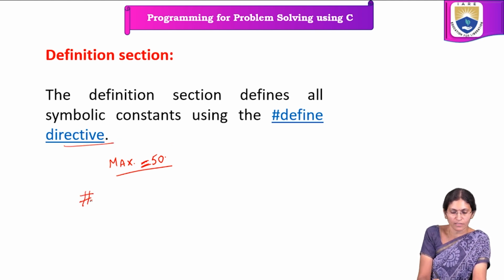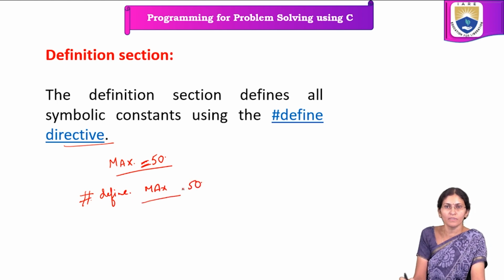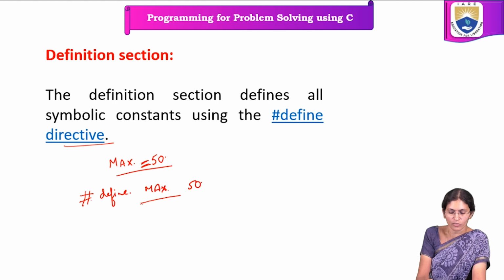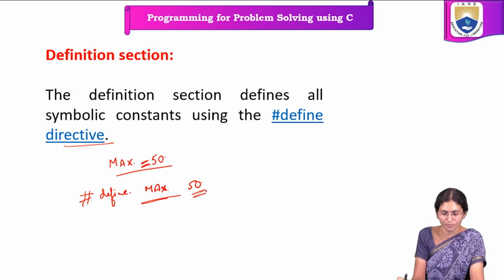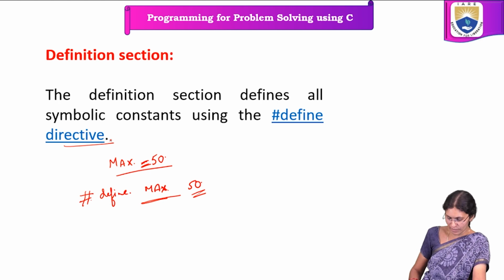The syntax for definition is #define MAX 50. Wherever we write MAX in the program, this is assigned the value 50. So definition section defines all the symbolic constants using the #define directive.